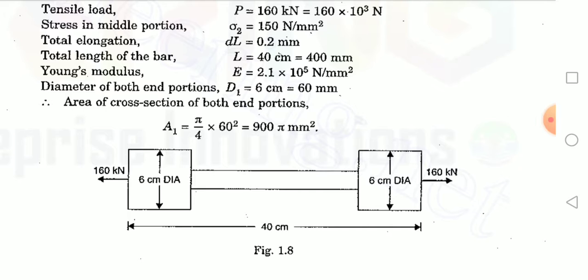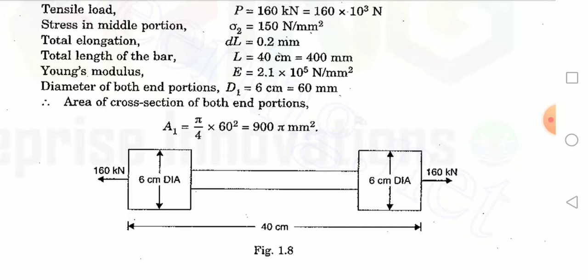The total length of the bar is also given, which is L equal to 40 centimeter, that is 400 mm. Young's modulus E is equal to 2.1 into 10 power 5 Newton per millimeter squared. And also the diameter of both end portions D1 is given as 6 centimeter, that is 60 mm.